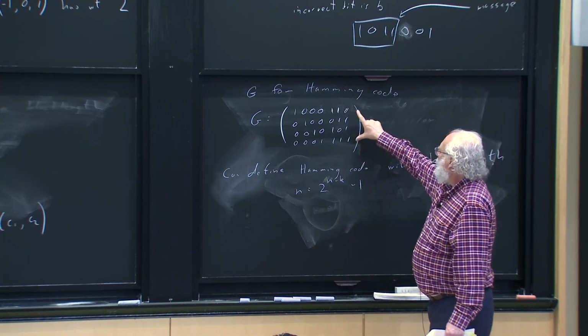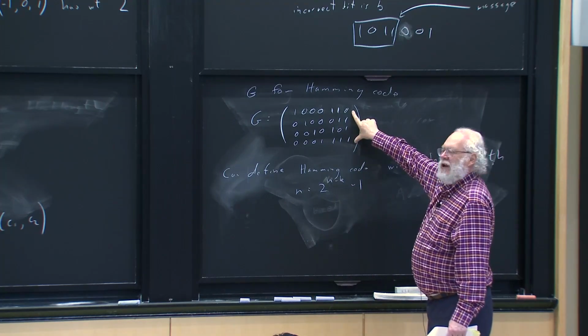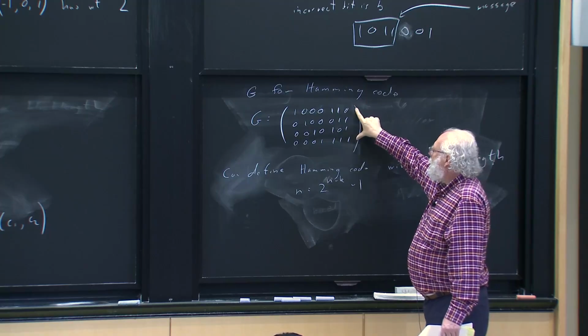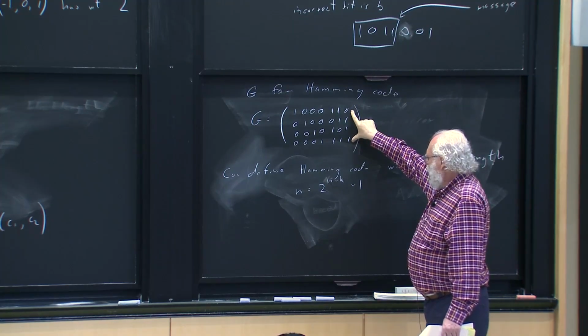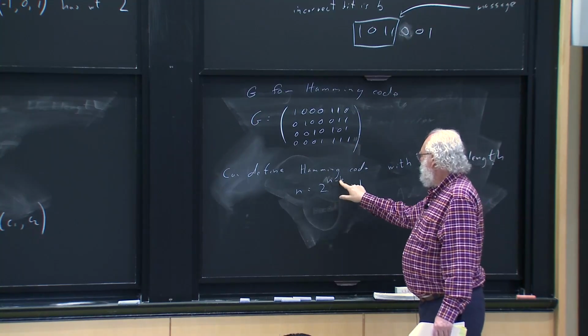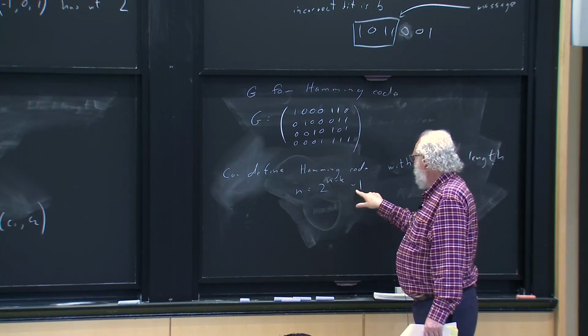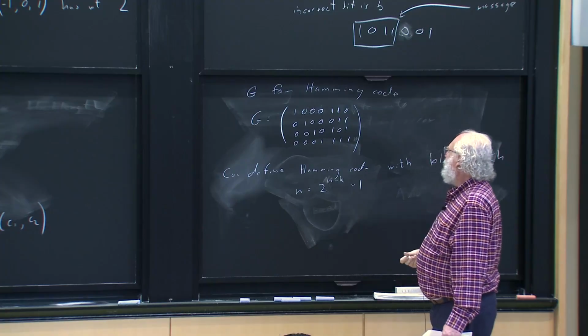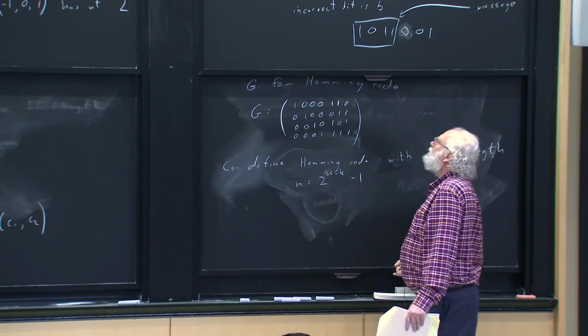So here, for this Hamming code, k, which is the number of bits it encodes, is 4. And the block length is 7, which is 2 to the 7 minus 4, that's 8 minus 1, which is 7. And how do we do that?